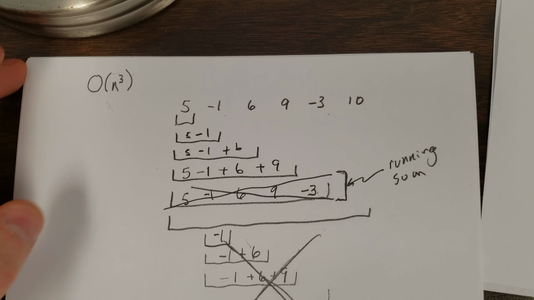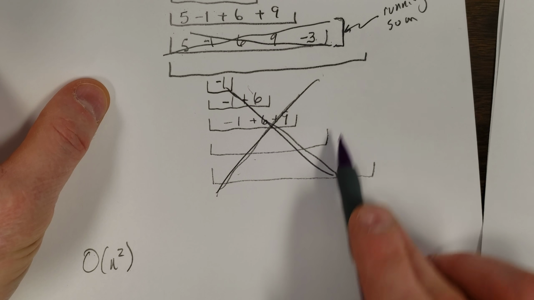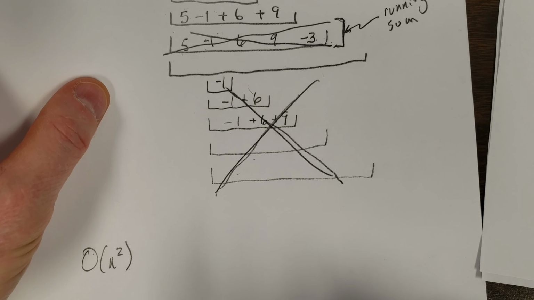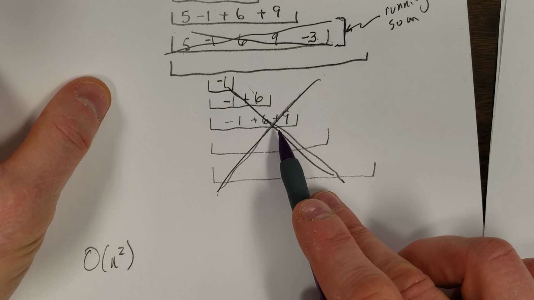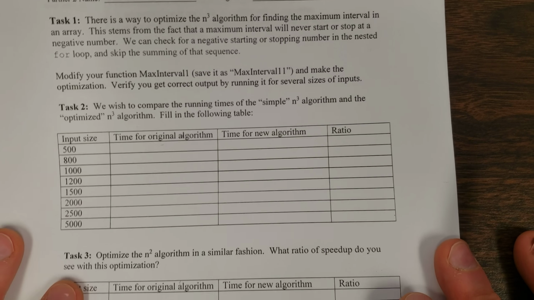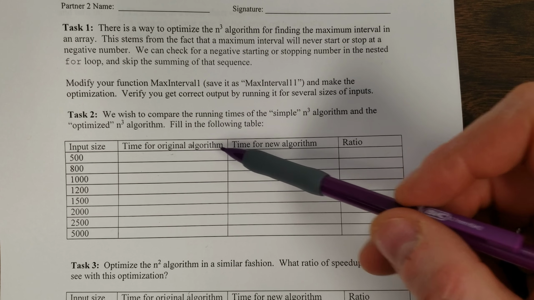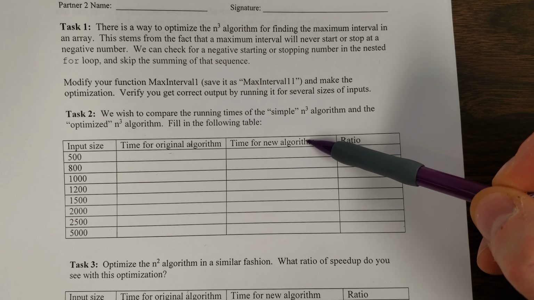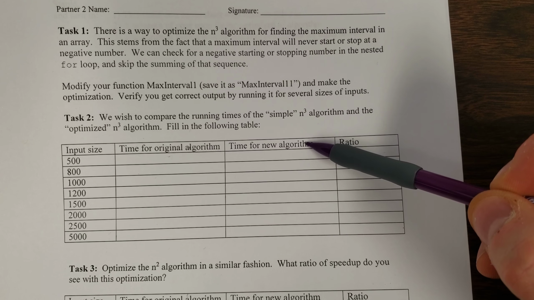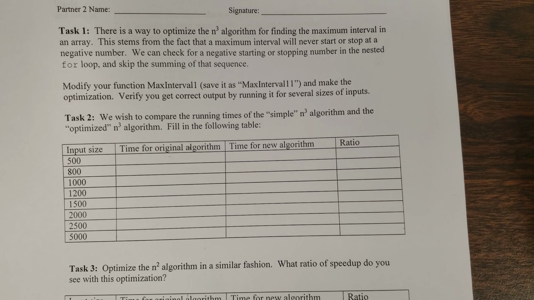However, the n squared algorithm still can eliminate blocks like this, which would be the second for loop, the inner for loop, second inner for loop. Okay, so make sure that you start with an original correct running algorithm, and then your assignment is going to be to develop that optimization and run it for these same values to see how much you can speed it up.